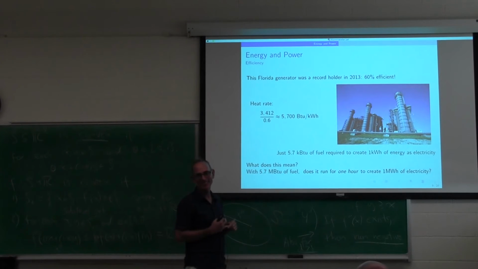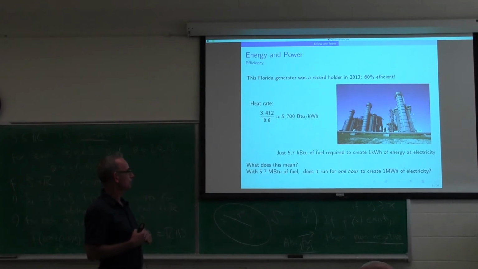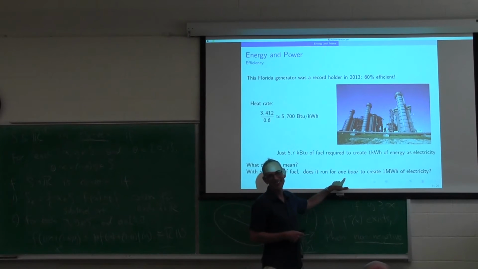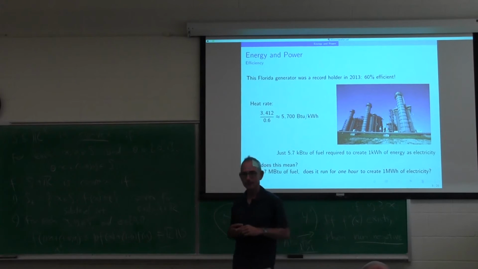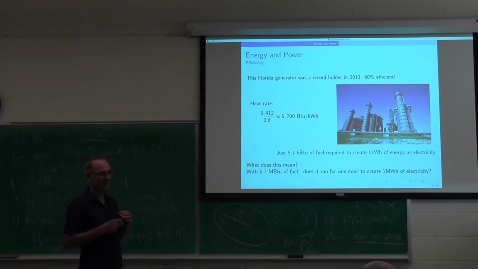But here I'm saying 1 hour, to create 1 megawatt hour of electricity. What's that? Well, it depends how quickly it burns the fuel. Every hour that the generator is running, if it has to supply 1 megawatt hour, it consumes 5.7.